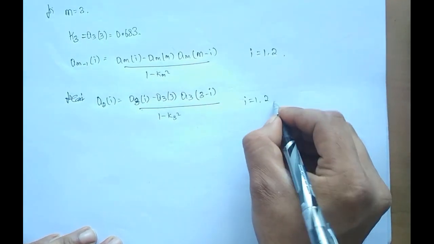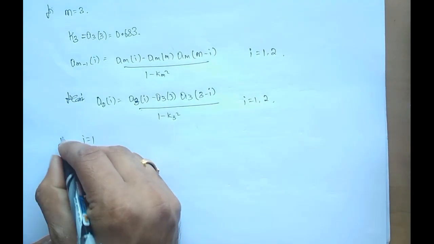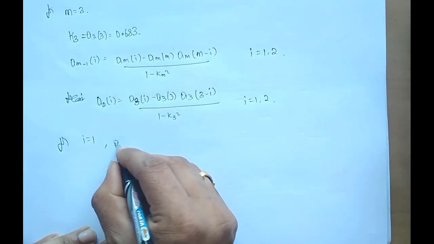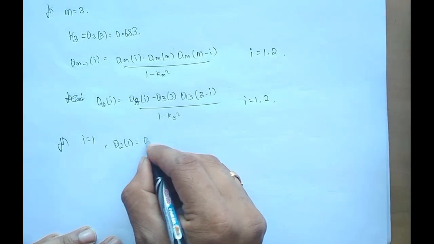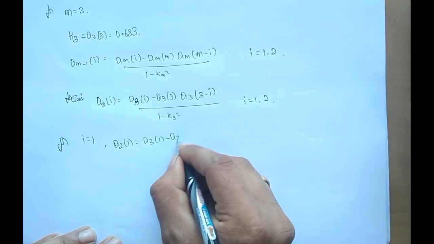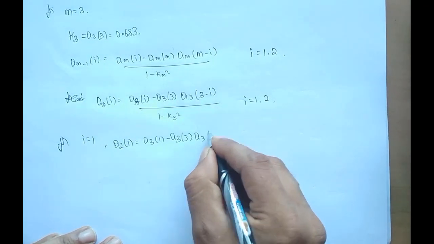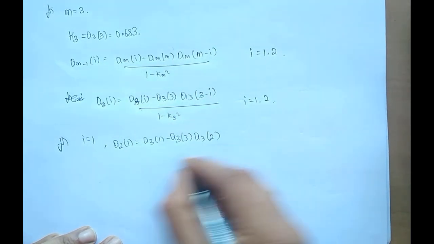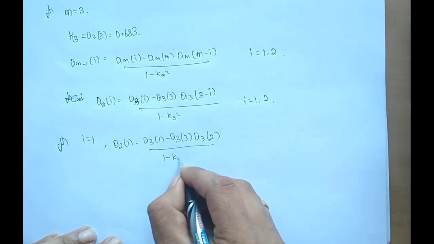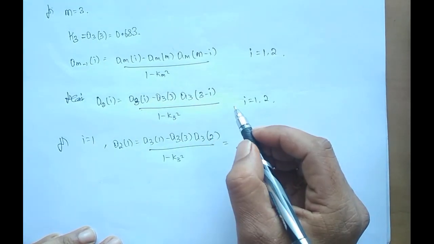So i takes the values 1, 2. For i equal to 1, we have a2 of 1 is equal to a3 of 1 minus a3 of 3 into a3 of 3 minus 1, which is 2, whole divided by 1 minus k3 square.